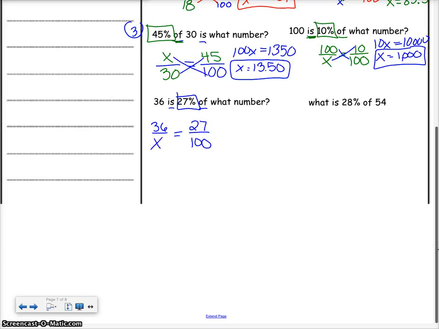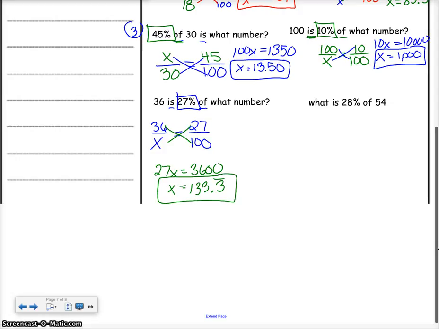So I'm looking for my of on the bottom. Cross product, 27x equals 3,600. Divide, 3,600 divided by 27 is 133.3 repeating. There we go.